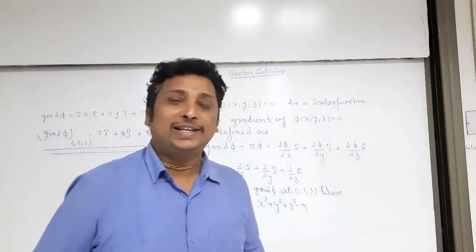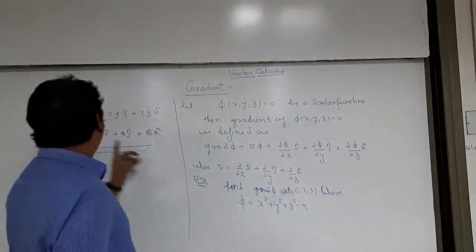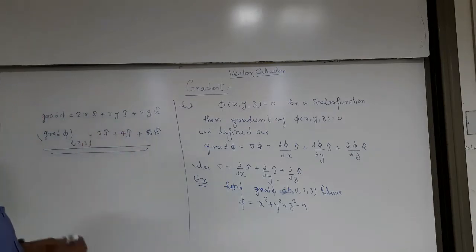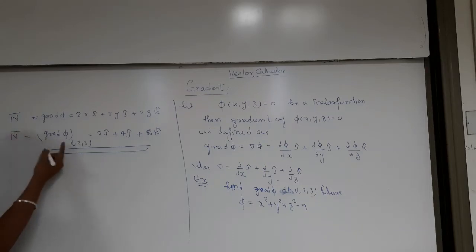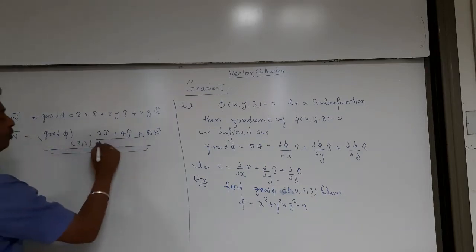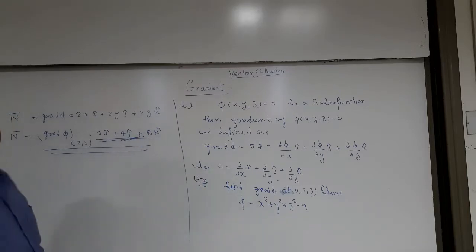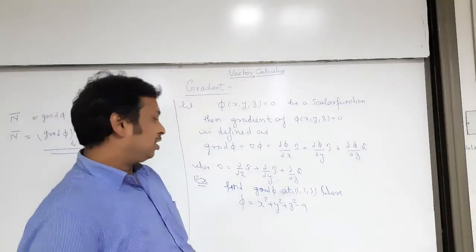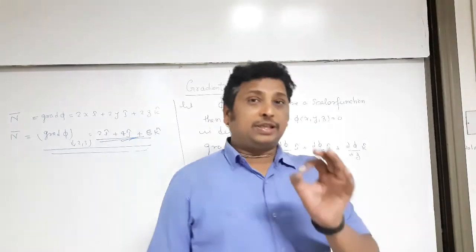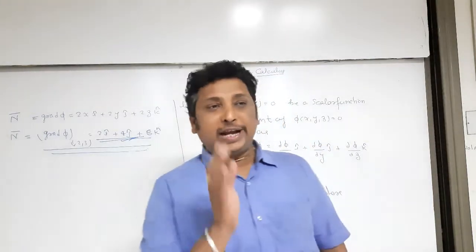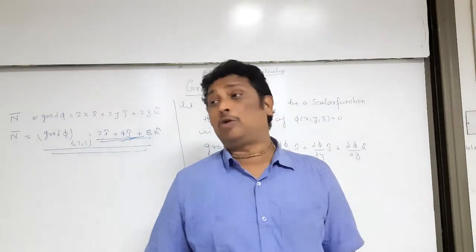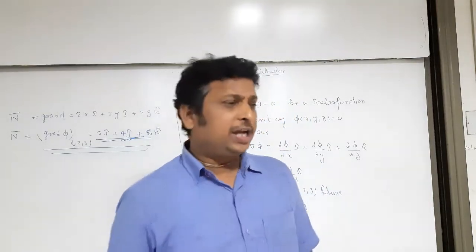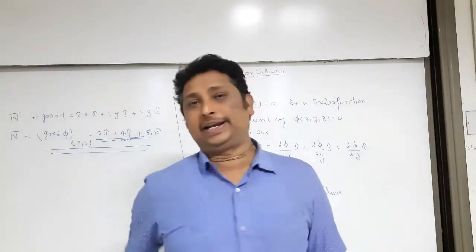How do we calculate? Find the gradient, grad phi. Here the normal vector we denote by n vector, so n vector at 1, 2, 3 is this. This vector is the normal vector on the surface of the sphere. So this is the application: gradient means normal vector. If someone asks to find the normal vector on a given surface, it means we have to calculate the gradient.